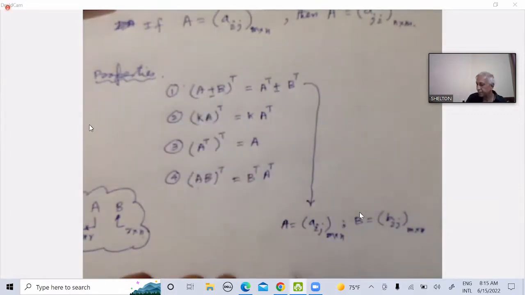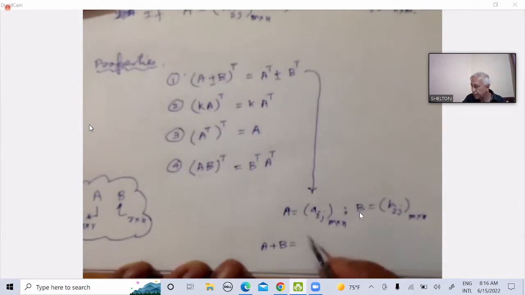So what is A plus B? A plus B is equal to, what is the ijth element of A plus B? Aij plus Bij, m by n, at the corresponding entries.